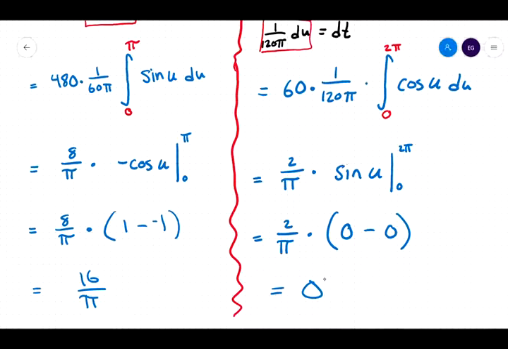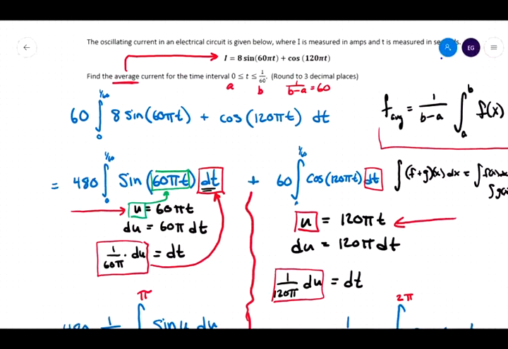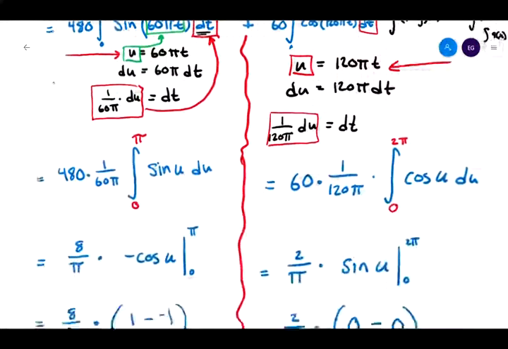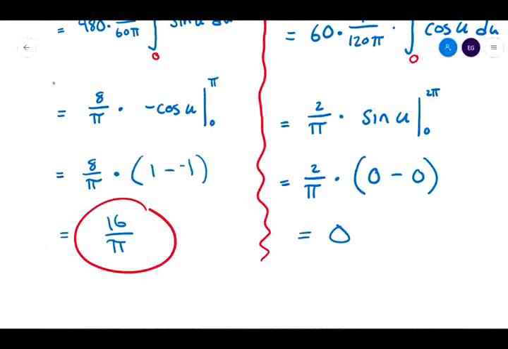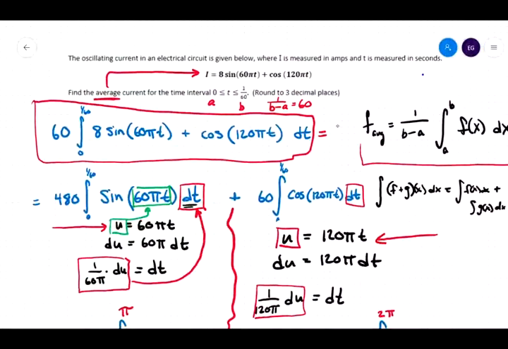So if we go back up, this integral here, which is the average value of this function over the interval 0 to 1 over 60, is 16 over pi. That's our final answer.